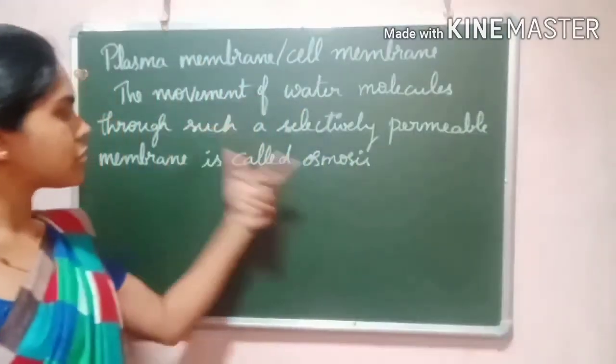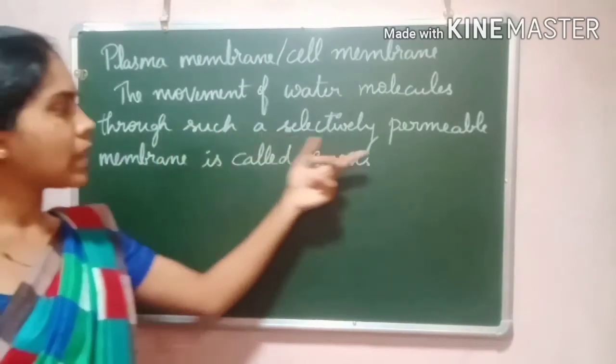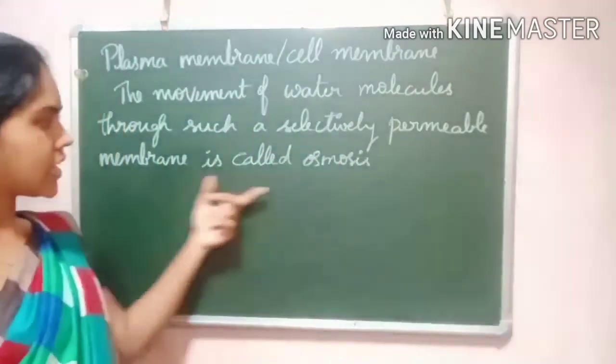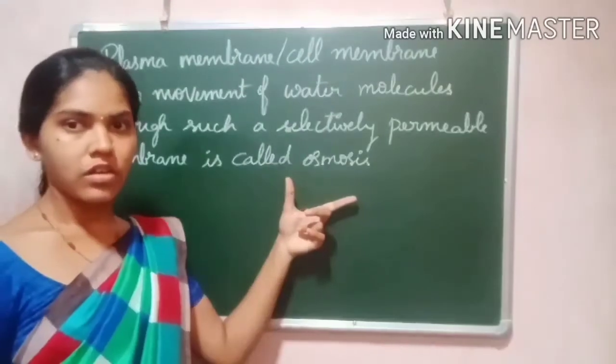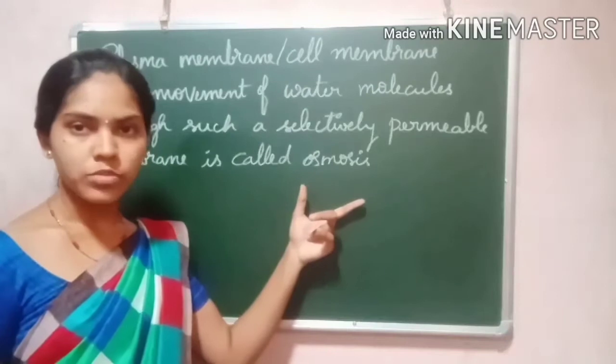So what is this osmosis process? The movement of water molecules through such a selectively permeable membrane is called osmosis. So water passes through the cell by the process called osmosis.